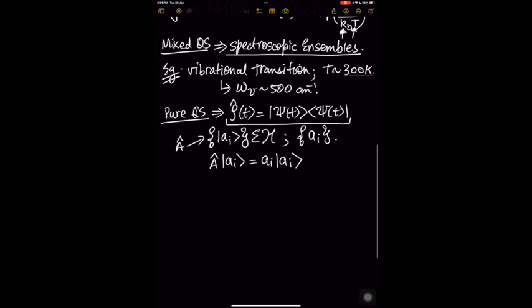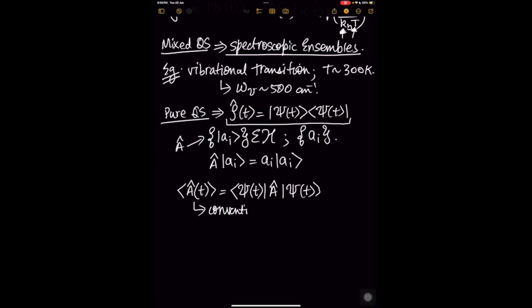So for this specific observable, let us calculate its expectation. Let's just calculate its time dependent expectation value, which is given by bra psi of t, A hat, ket psi of t, which is the conventional definition for the expectation of a particular observable.